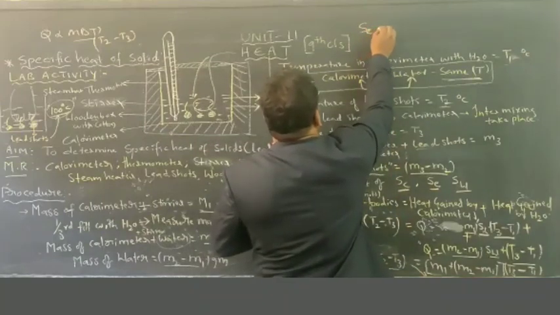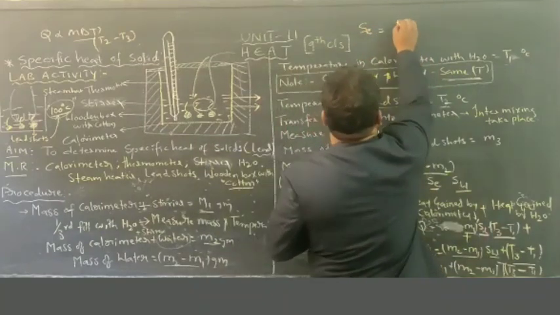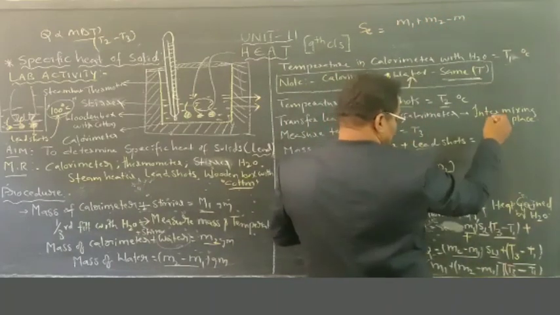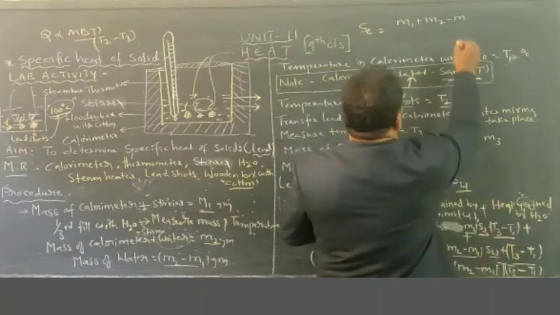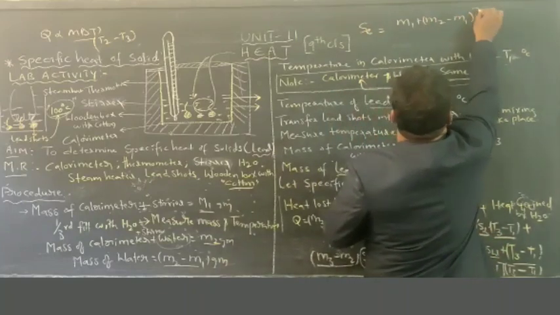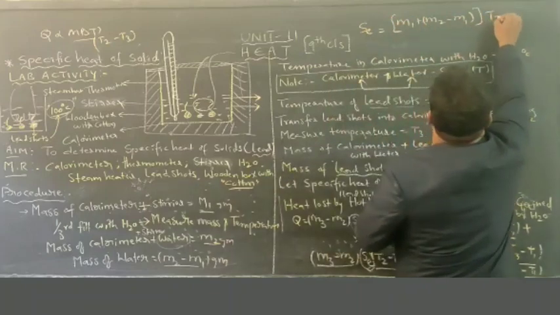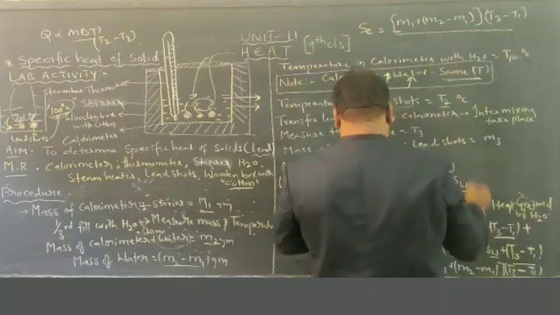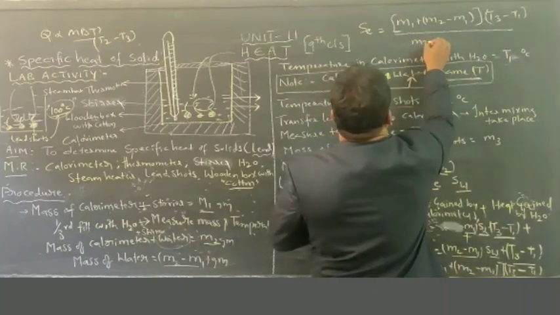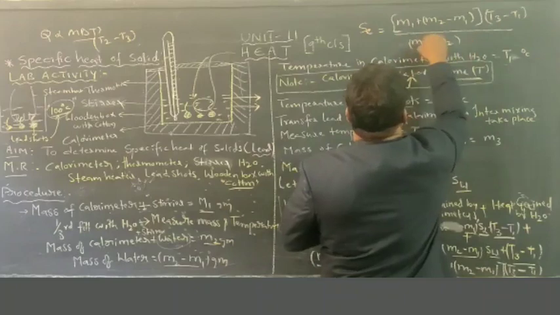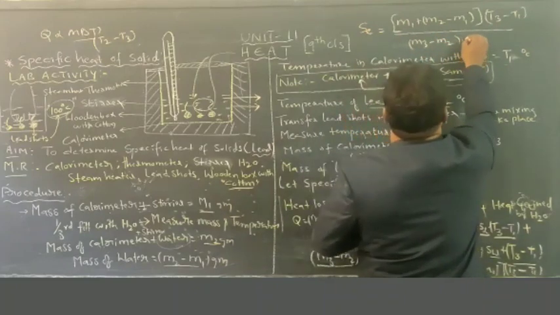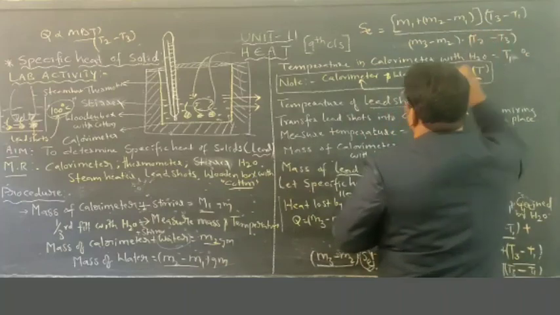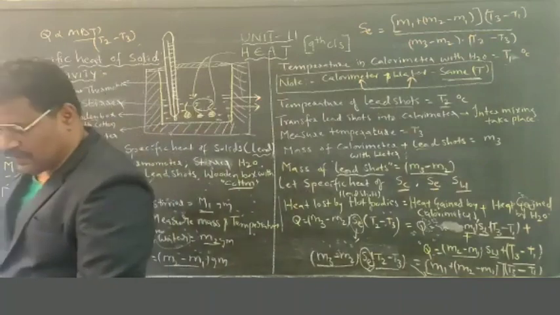Specific heat of lead is equal to M1 plus M2 minus M1, whole of T3 minus T1 degree centigrade temperature, divided by M3 minus M2 into T2 minus T3. This is the formula for the substance.